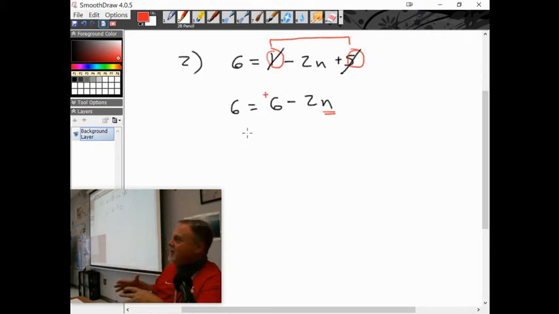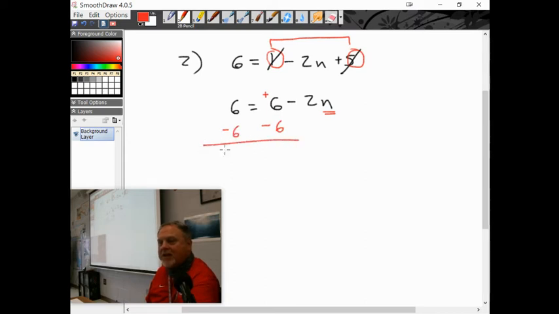And now this is the great part of solving equations. You simply do the opposite of what's there. What's the opposite of a plus 6? Negative 6. Absolutely correct. So I'm just going to subtract or put a negative 6, however you want to think about it, underneath the like terms on both sides of the equation.